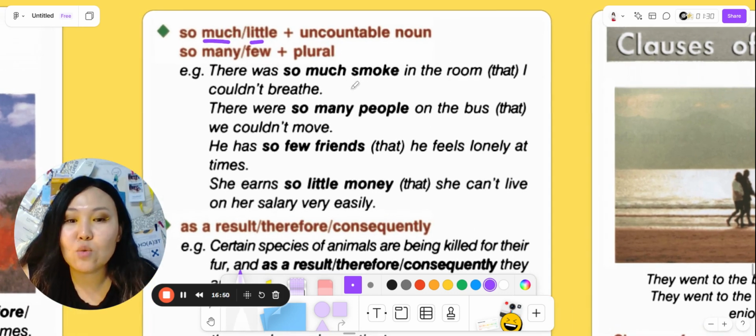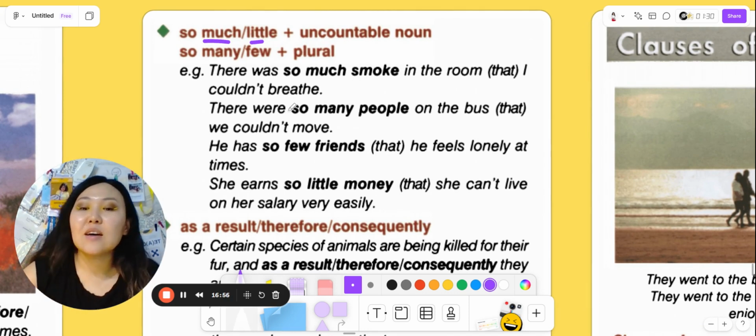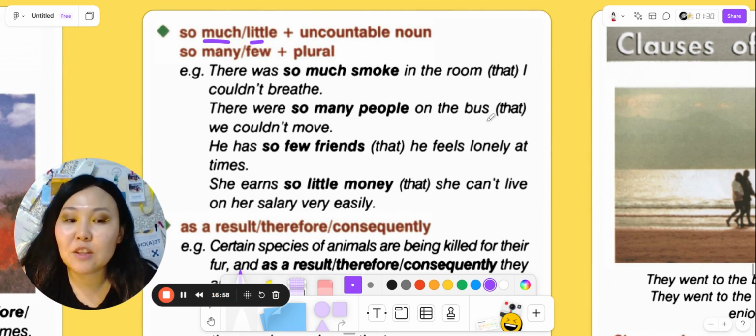There was so much smoke in the room that I couldn't breathe. There were so many people on the bus that I couldn't move. He has so few friends that he feels lonely at times. She earns so little money that she can't live on her salary very easily.